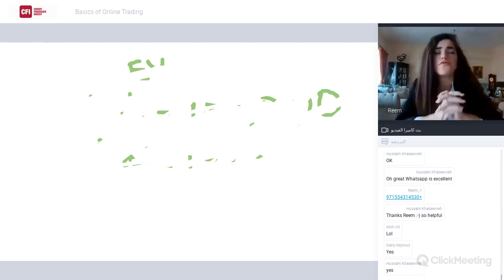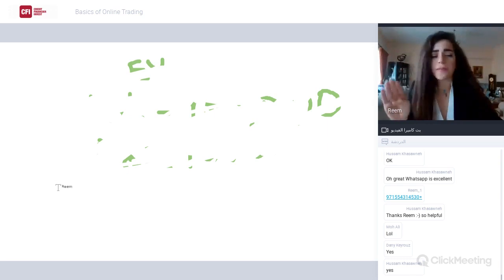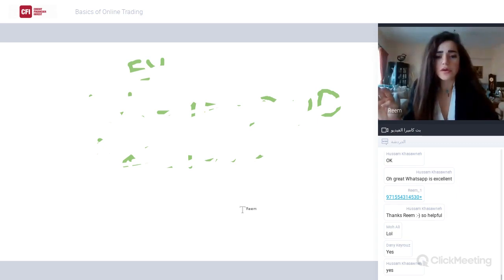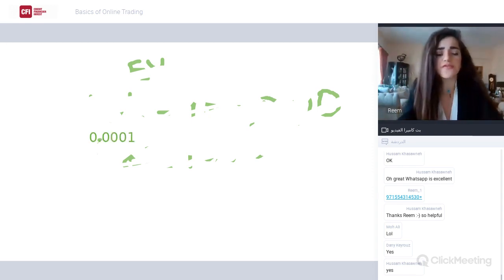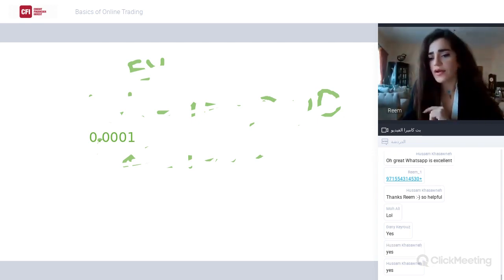Pip calculation: the fourth decimal point, the fourth number after the decimal point. So if I want to write it down, that would be 0.0001. Isn't it the fourth number after the decimal point? So it's 0.0001, right? That's your pip.